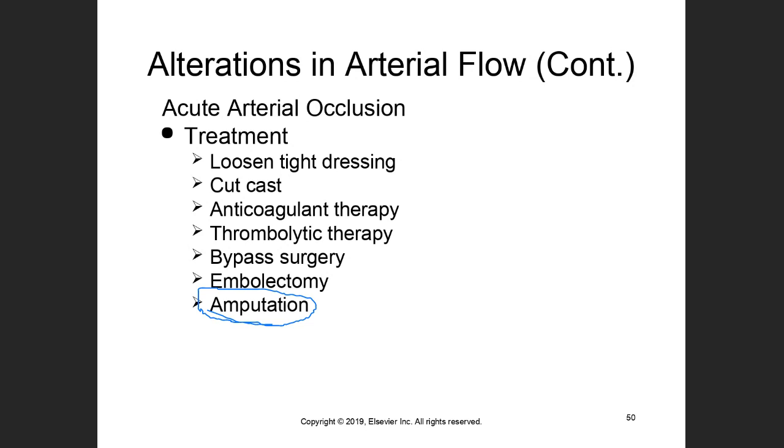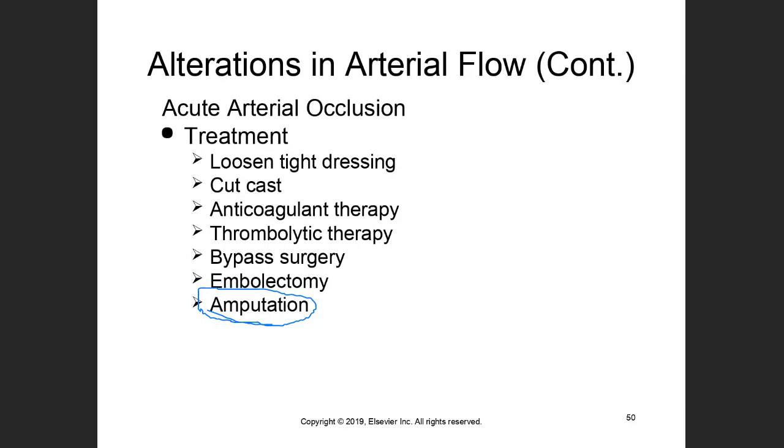The limbs, upper limbs and lower limbs, are extremely resistant to lack of blood supply. If you stop the blood supply to the brain, after 5 minutes you have irreversible damage. In the upper limbs, you could stop the blood supply for 1 hour and be normal. In the lower limbs, I think it's 2 hours.